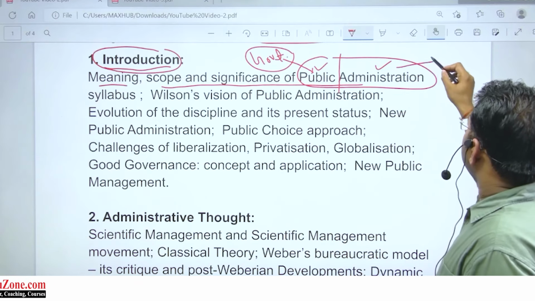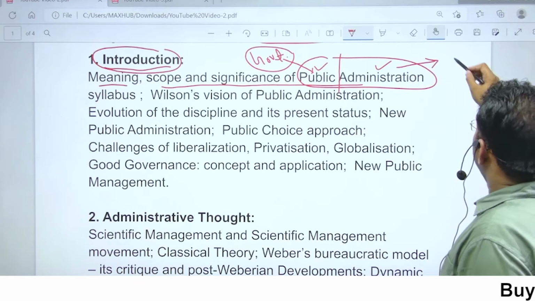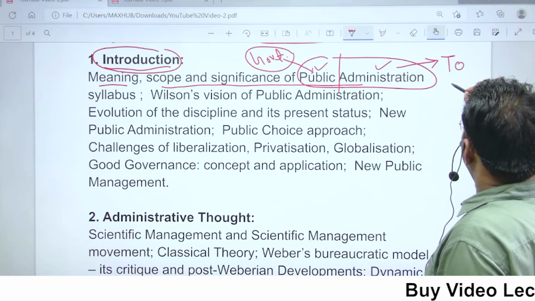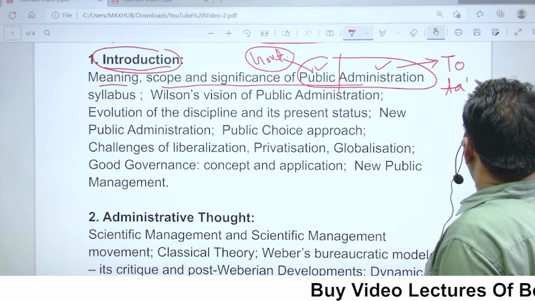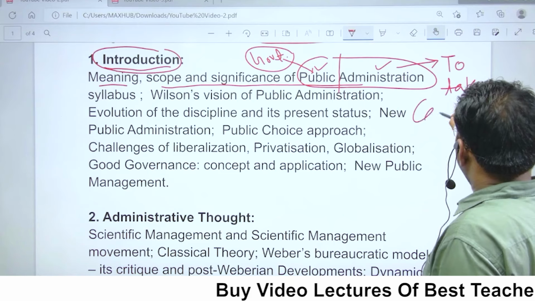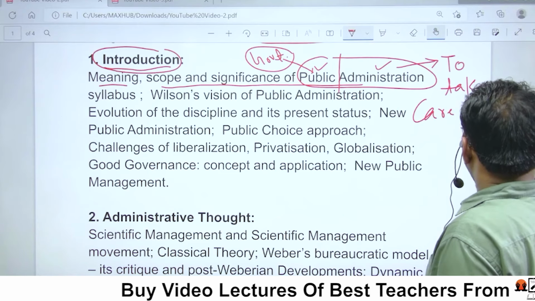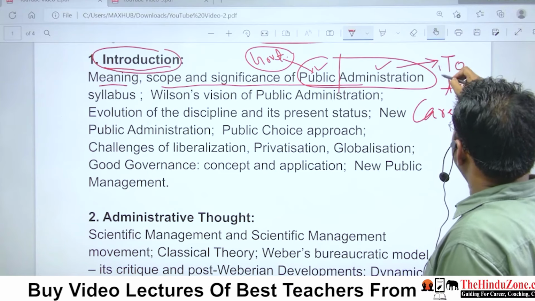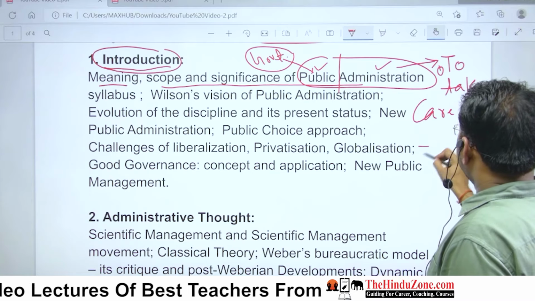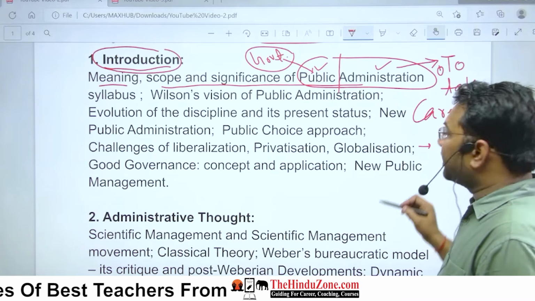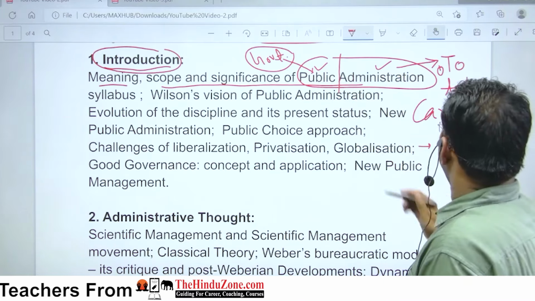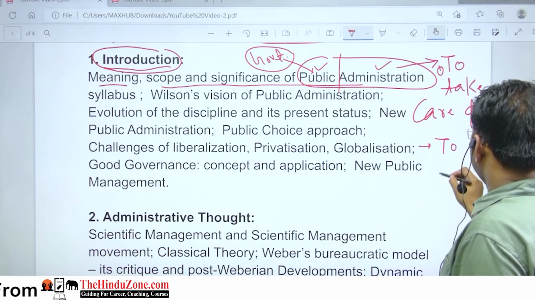And the administration meaning would be to take care of. This is the first meaning. Then the second meaning of administration would be to look after.